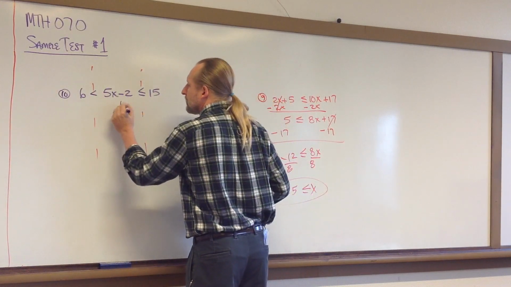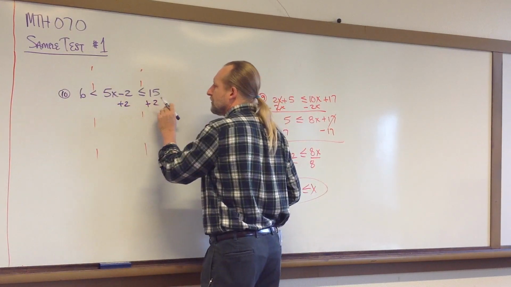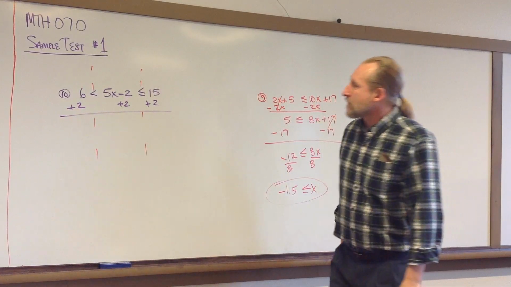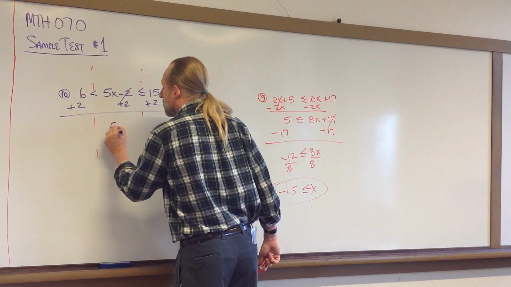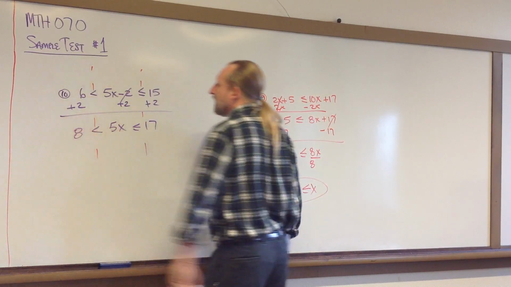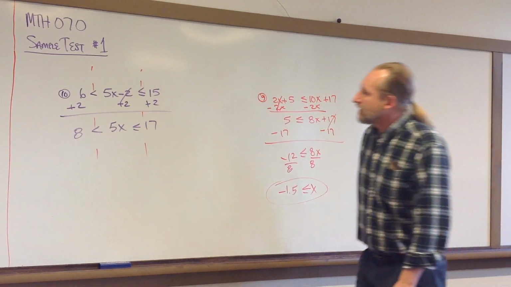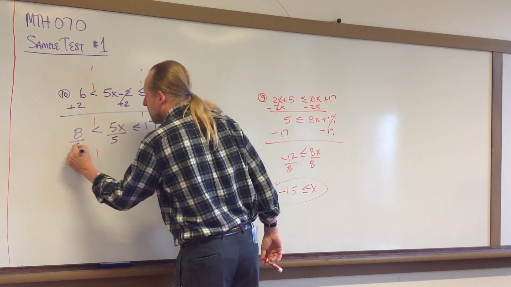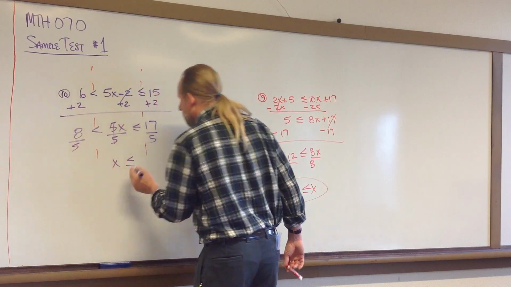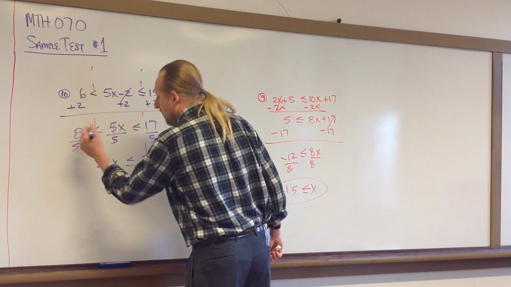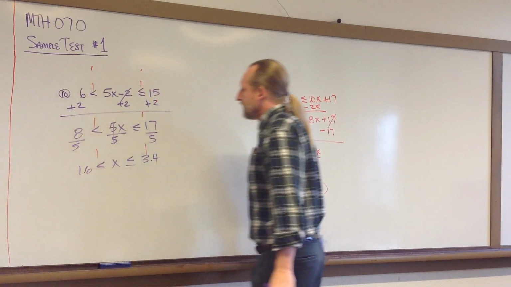So if we're going to add 2 here, I've got to add 2 to the 15 and add 2 to the 6. So these cancel out. There's 5x, 17, and 8. And then the last thing I'm going to do here is divide through by 5 in 3 different places. This is going to be, what, 3.4, and over here, 1.6.